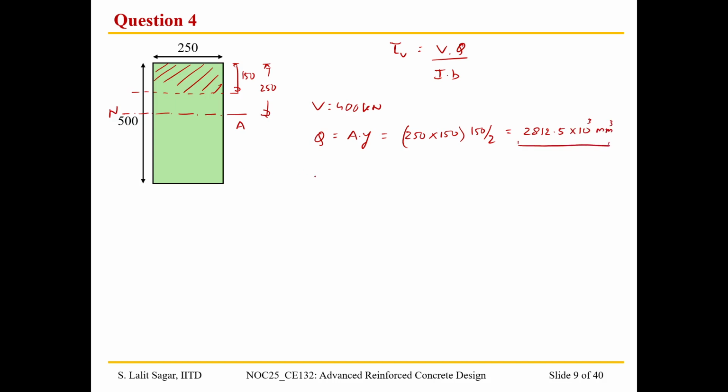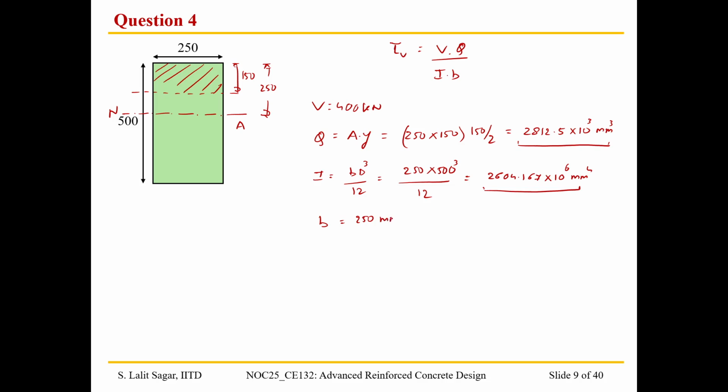That is Q. Now I is given by B D cube by 12 for a rectangular cross section, right? That is 250 by 500 cube divided by 12, which gives me a value of 2604.167 into 10 to the power 6 millimeter to the power 4. And B, as we know, is 250 mm.